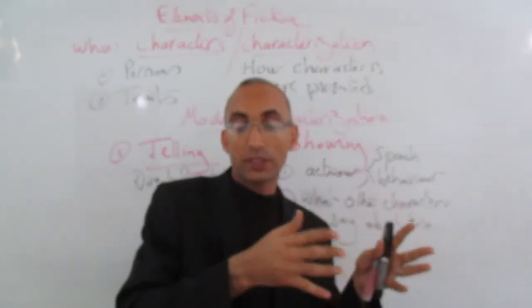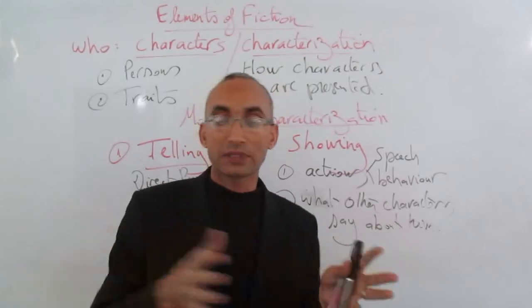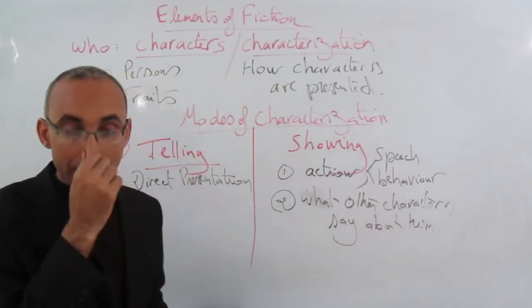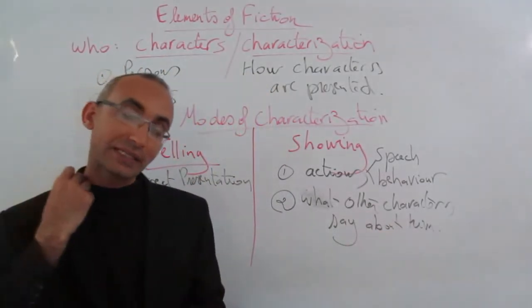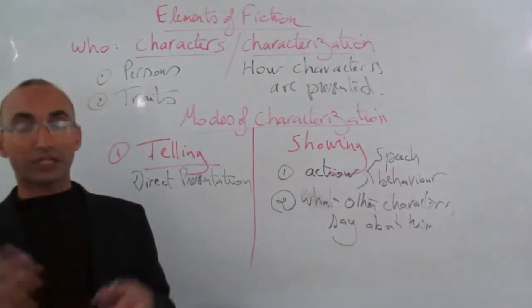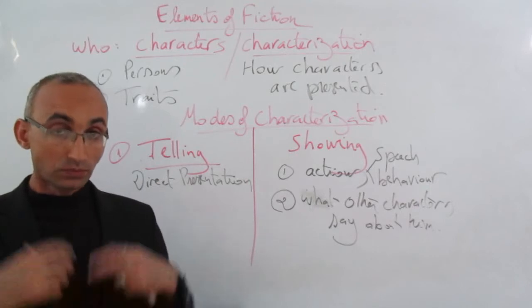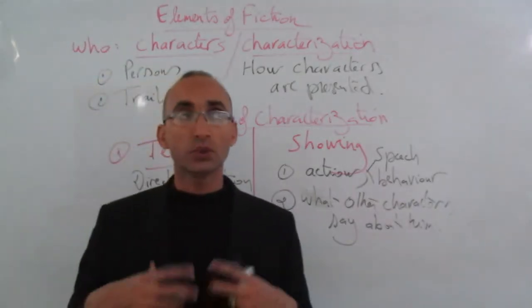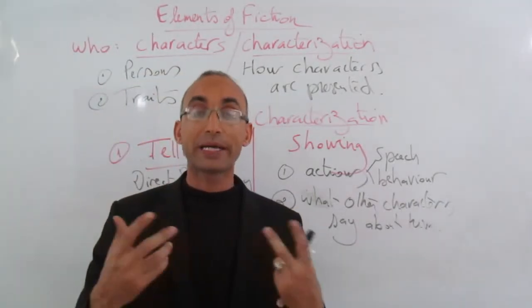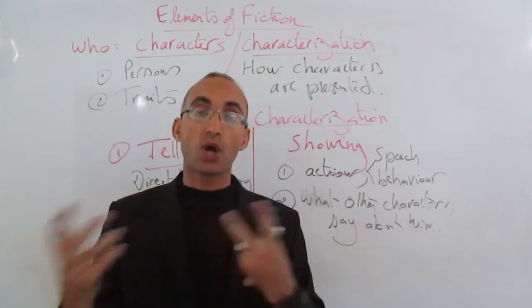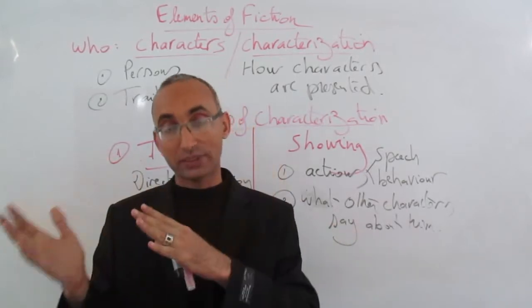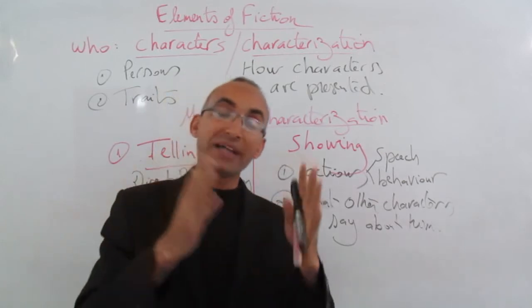These are the two types of characters in any story and any piece of fiction. Now, critics also use other terms to describe both types of characters, major characters and minor ones.